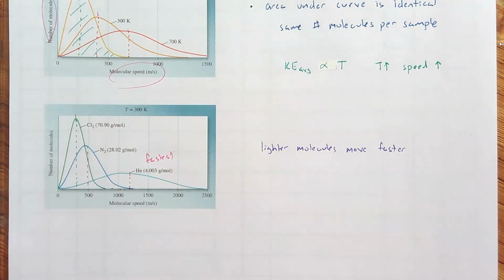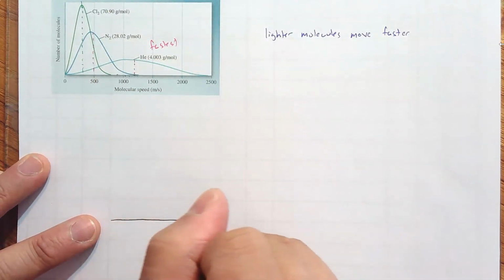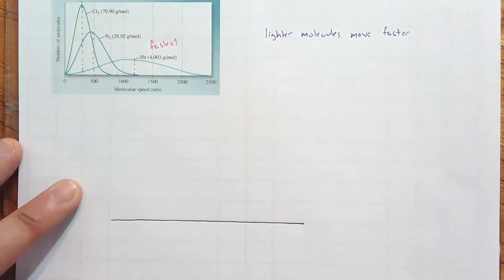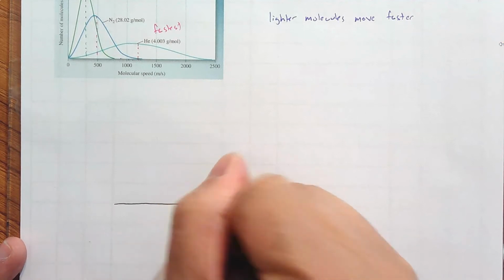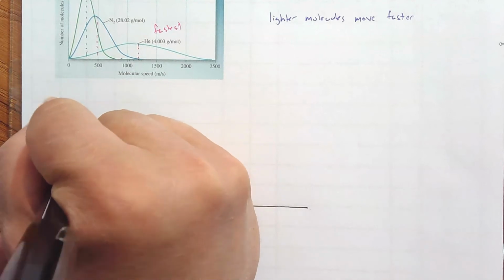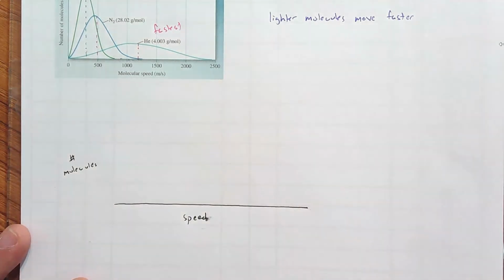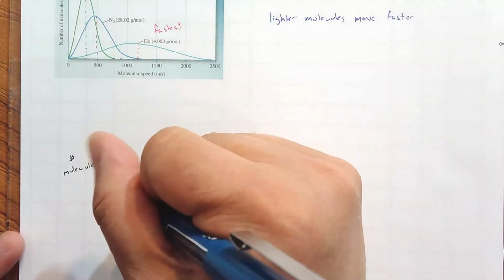Okay, now I want to use language a little more precise than what I've been doing so far. Let me put this down here. Let's draw another Boltzmann distribution. And like I said, it's not symmetrical. There's a tail to the higher speeds, and the y-axis is number of molecules. Okay, so whether you're looking at different temperatures or looking at different gas molecules, the general shape is this.